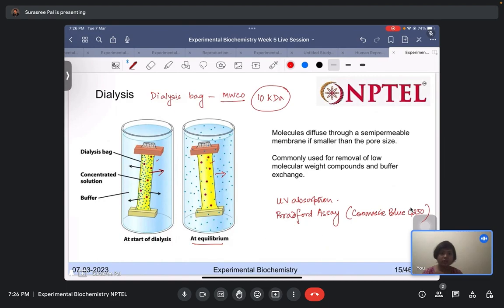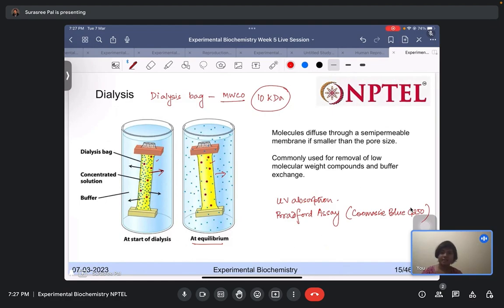So after a certain point of time, these imidazole molecules, since they will be lesser than 10 kilodalton, or lesser than the cutoff of this dialysis bag, will come out in the solution, and then it will be in an equilibrium. So the buffer of our protein can be exchanged in this way.